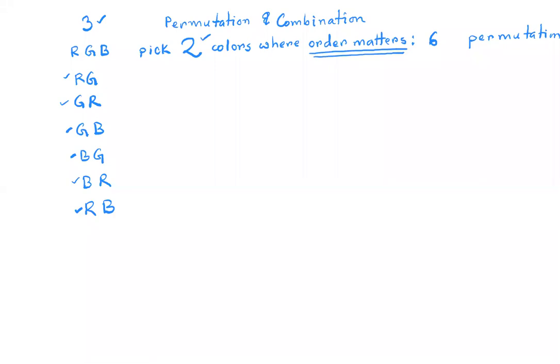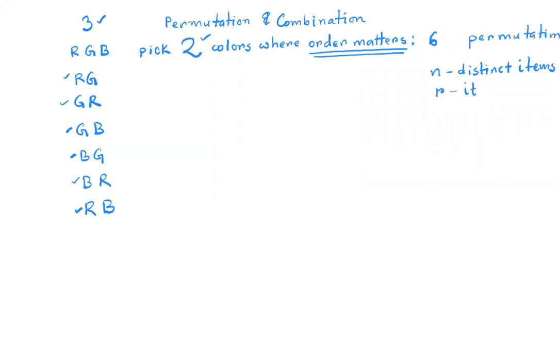Now, in general, instead of 3 items, if you have n distinct items, and let's say you pick r items from them, all of them are going to be distinct.